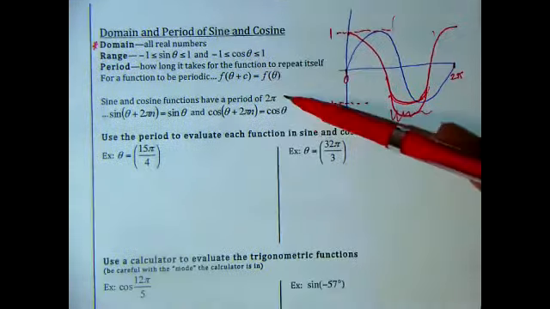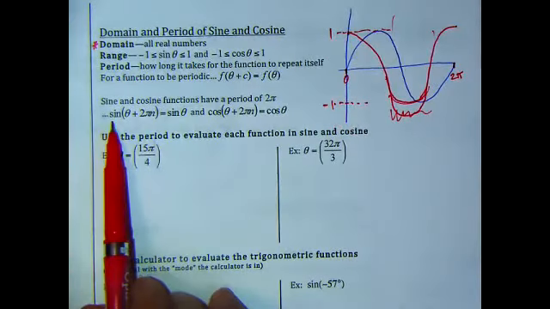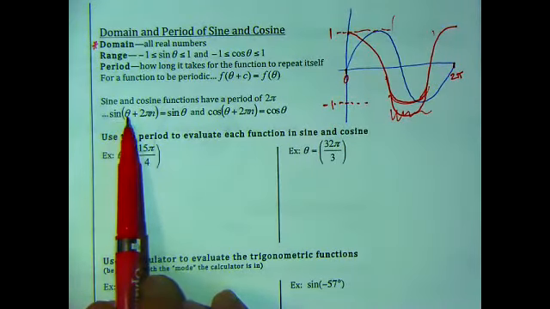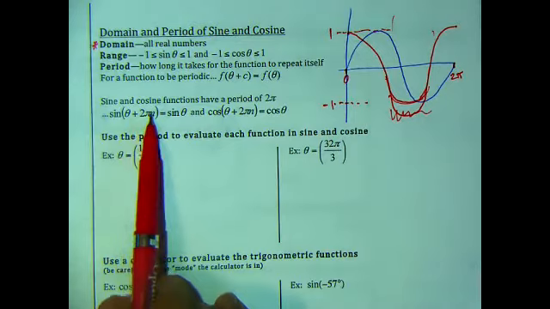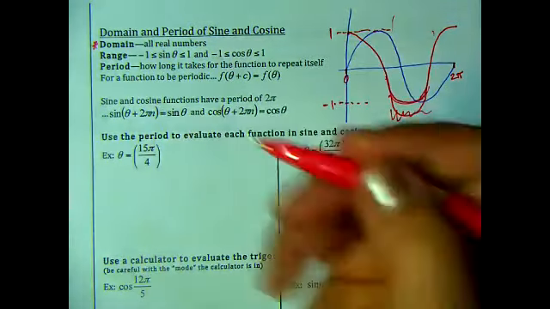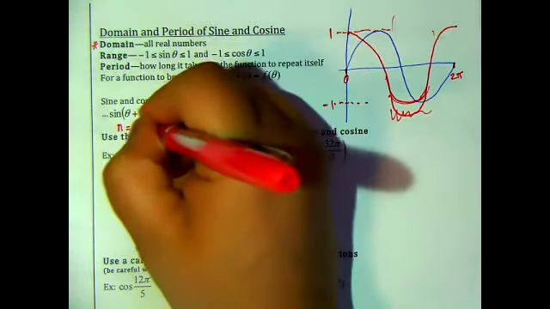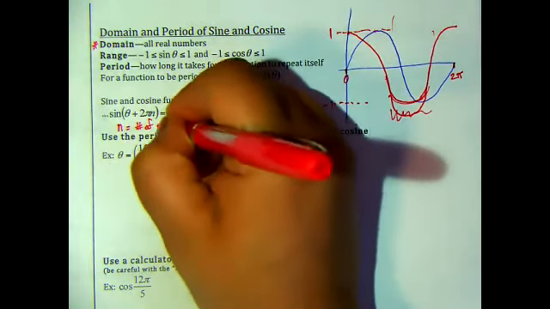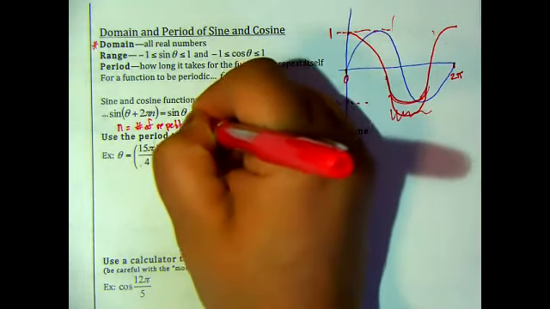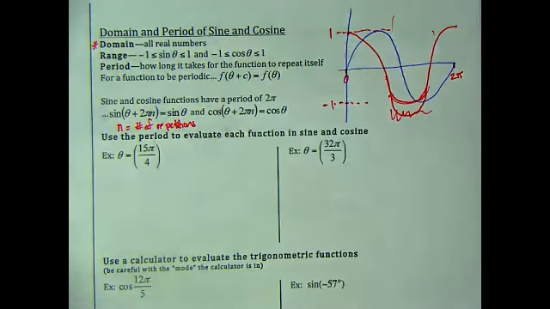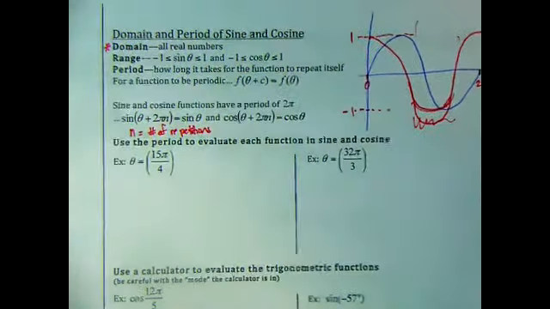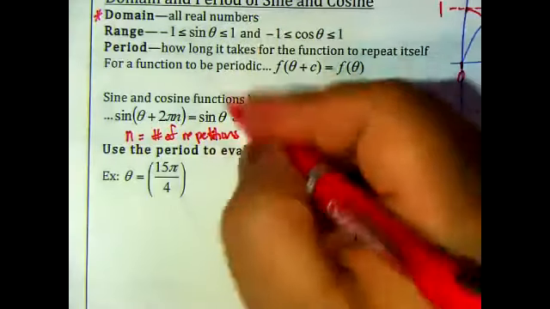So for example, for sine and cosine, if I take sine of an angle and I add 2 pi n, n being the number of revolutions, or the number of repetitions there, right?